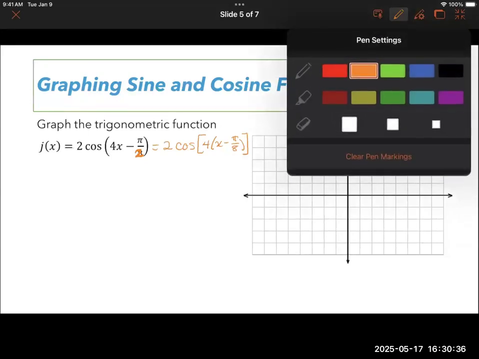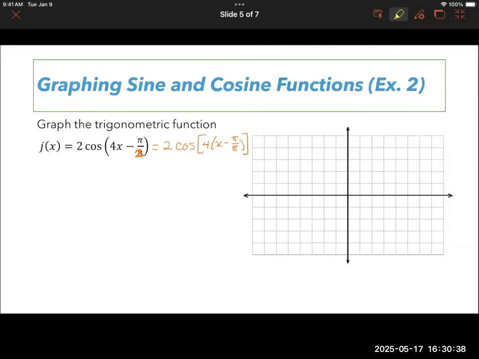So we are dealing with a cosine function this time, which means at least on the parent function, we would be going max, 0, min, 0, max. If we identify our A, B, H, and K, A is going to be a 2.